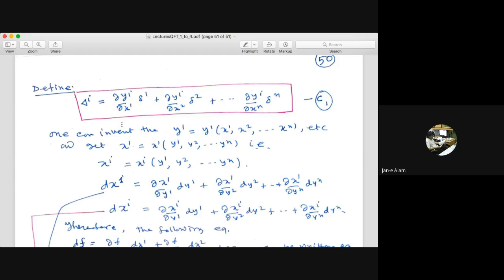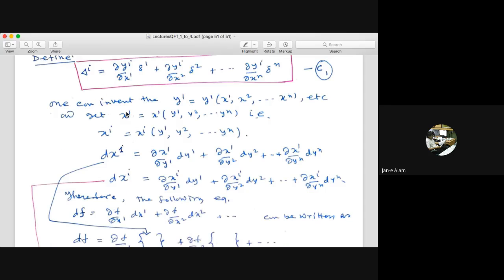Your scale has become smaller, from kilometer to meter, but the magnitude of the velocity gets multiplied by a factor of 1,000. So those kinds of variables are contravariant. It's not co-varying with the change of scale, and that is what is happening here. For contravariant vectors, the derivative of the new is coming with respect to the old one.